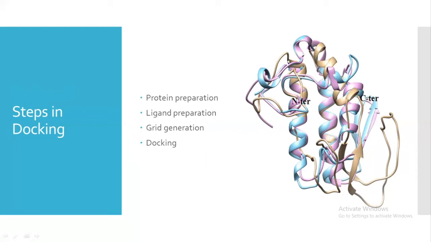In case of blind docking, we do not choose any grid. Rather, we keep the grid over the whole protein, and the ligand would go around the entire protein in search of its best complementarity, that is the best interactions, and where it can bind with the minimum binding free energy. Then finally, we go for docking.